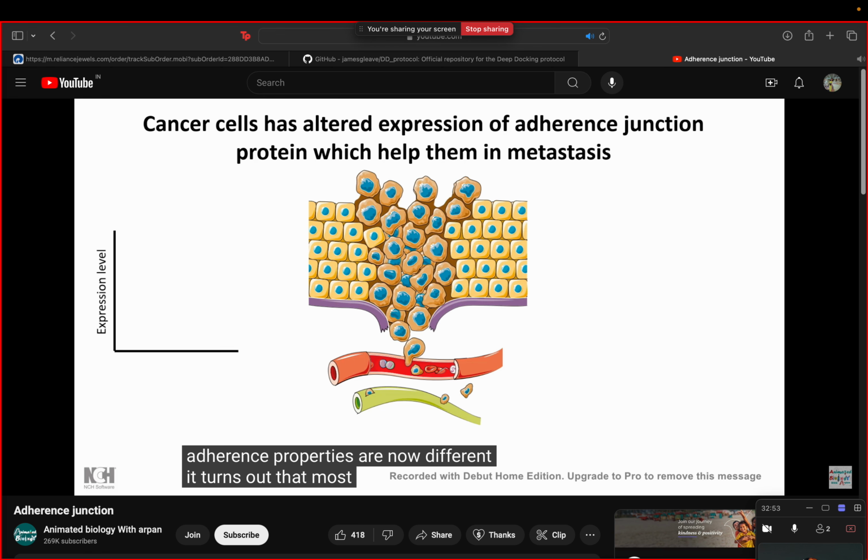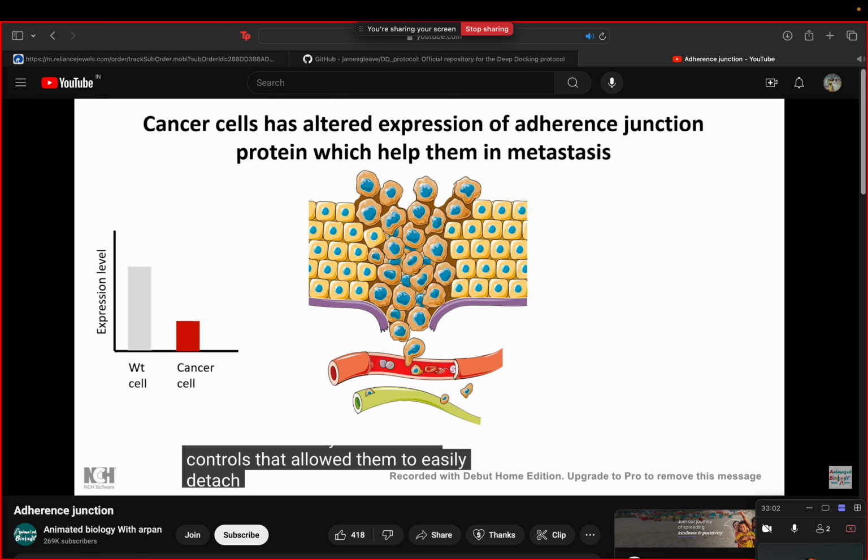It turns out that in most cases, the expression level of E-cadherin in cancer cells is drastically lower than in the controls. That allows them to easily detach from the epithelial layer, move around the body and invade other organs, thereby giving rise to a secondary cancer outcome.